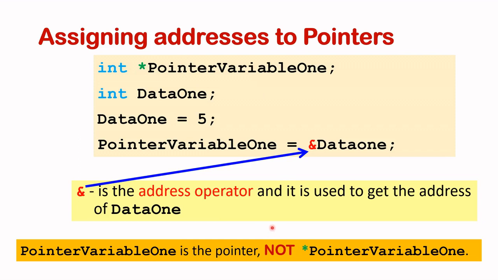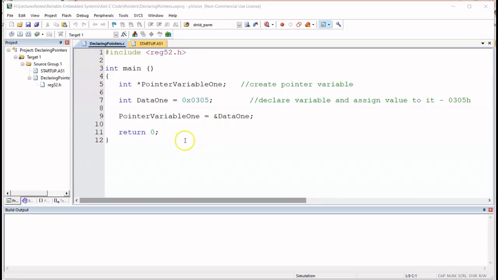Let's look at the demonstration code. Let's start off with line 5. On line 5 I have int and then asterisk pointer variable 1. I'm using the asterisk here as an operator to declare that pointer variable 1 is a pointer variable. Now you need to be aware of the way this is written.